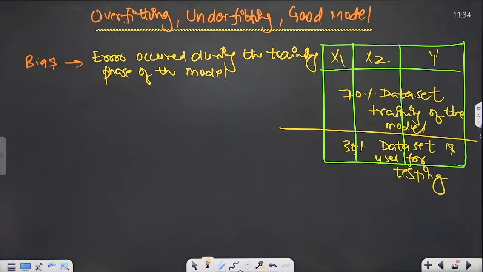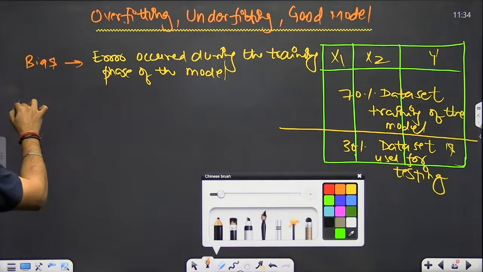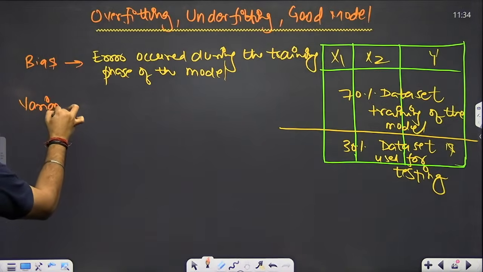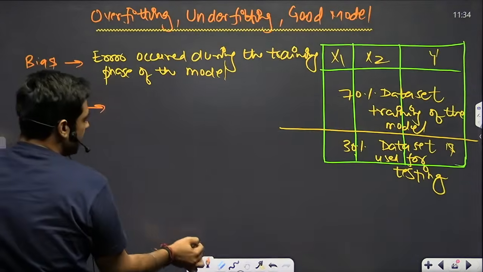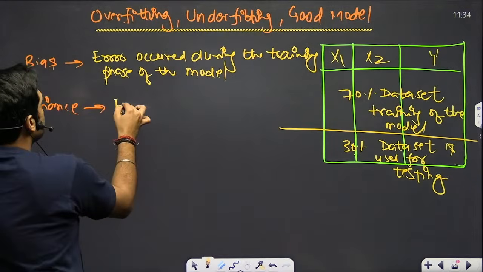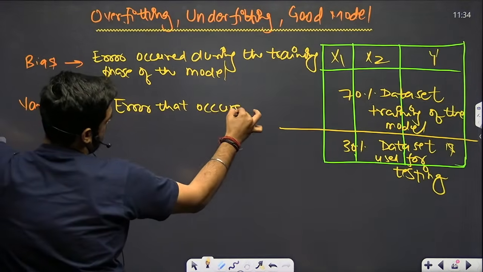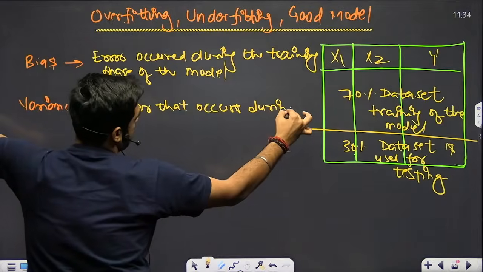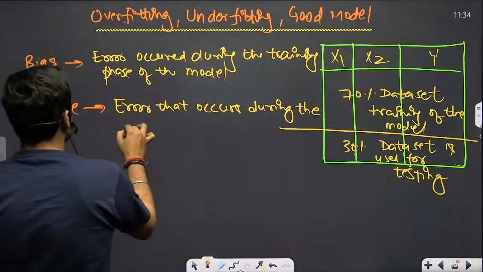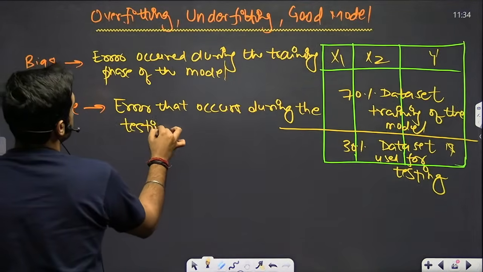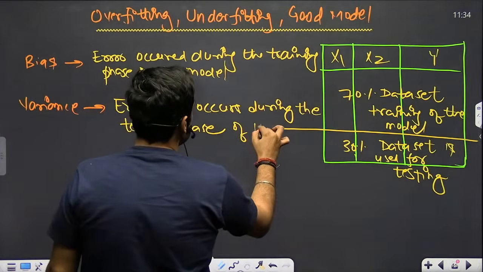And what is variance? Variance here is defined as the error that occurs during the testing phase of the model.